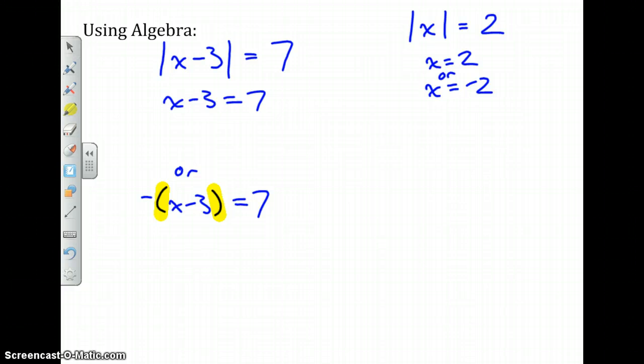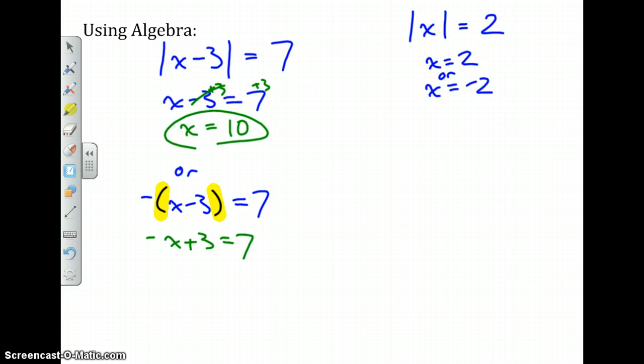So solving this, for the top one, x equals 10, since we added 3. The other one becomes -x plus 3 equals 7. We subtract the 3 and get -x equals 4, and then getting that negative to the other side, x equals -4. Same solutions we got by graphing it, but a lot quicker method.